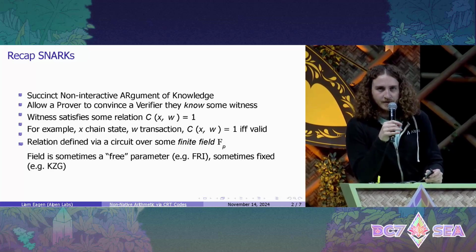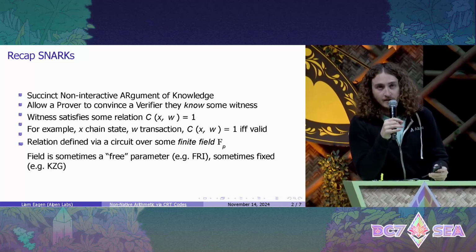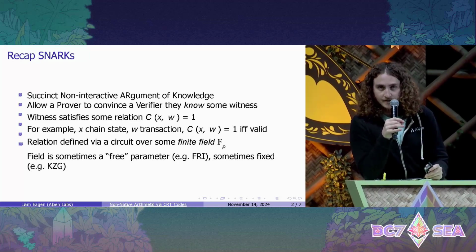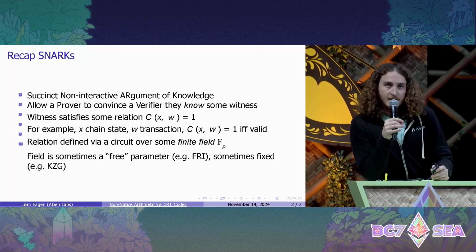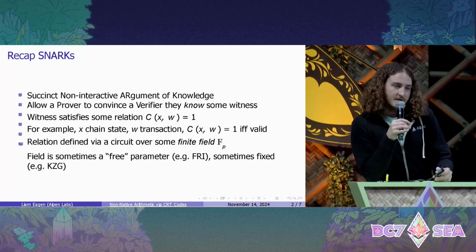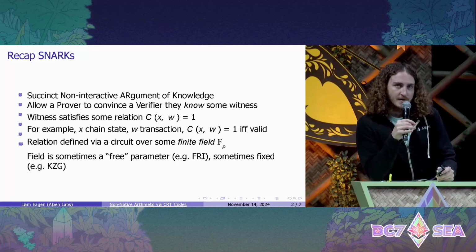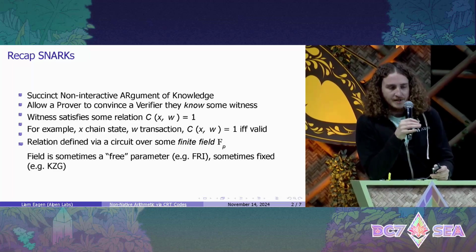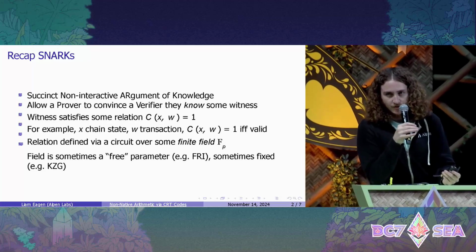You can pick the field freely, and sometimes it's not. So if you're using a SNARK, you can, in principle, use any field, just some caveats, but for an elliptic curve-based proof system, it's usually fixed as part of the curve, which, again, depending on the particulars, is something you probably can't control.